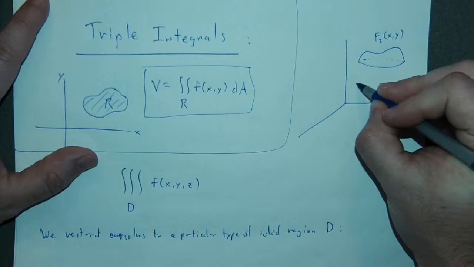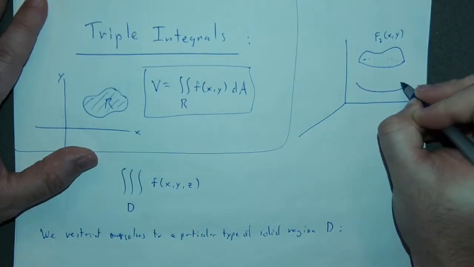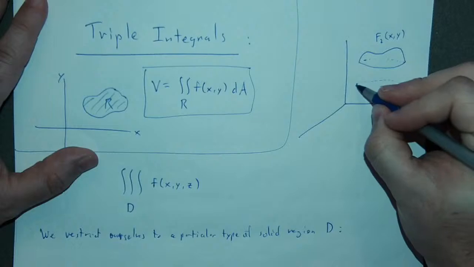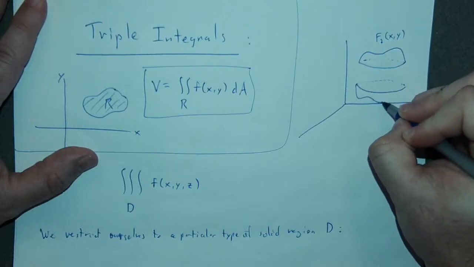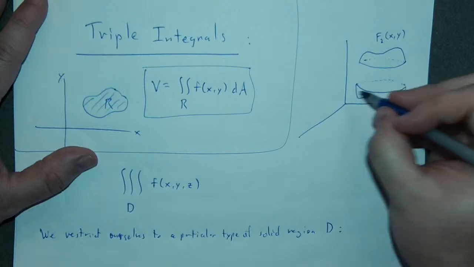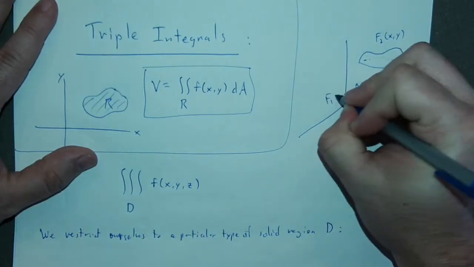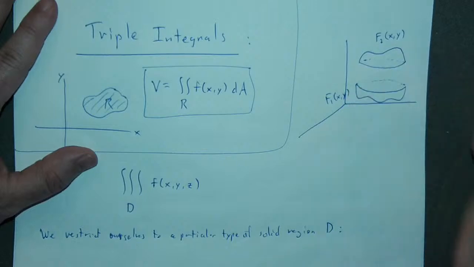The bottom of this region is also the graph of a function of two variables. We'll call this bottom function big F sub 1 of x, y.